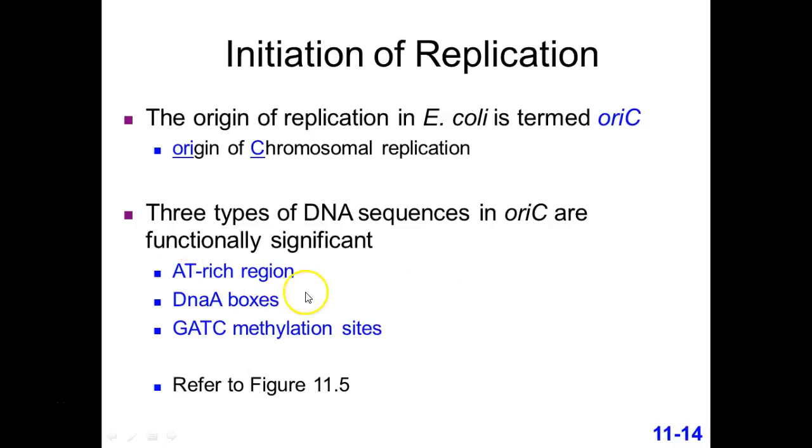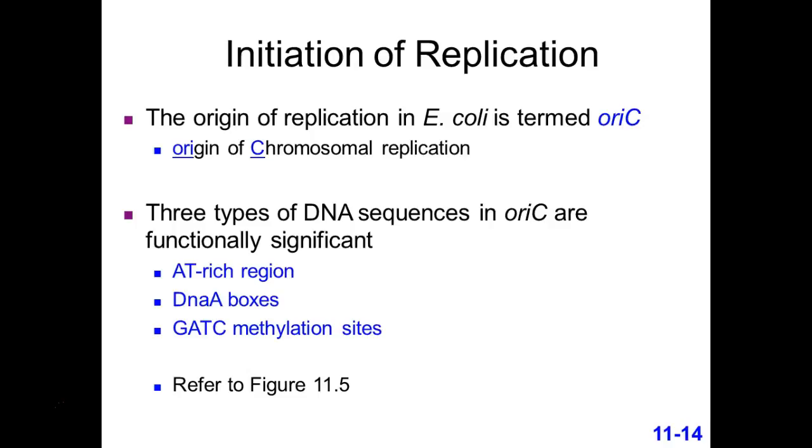We saw that there's an AT-rich region, and it makes sense why that's there, because that's easier to separate. We have the DnaA boxes. Those are the sequences that the DnaA proteins actually bind to, which is going to help create that distortion in the DNA so that we can separate that AT-rich region.